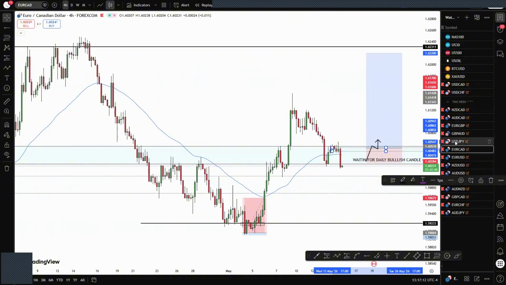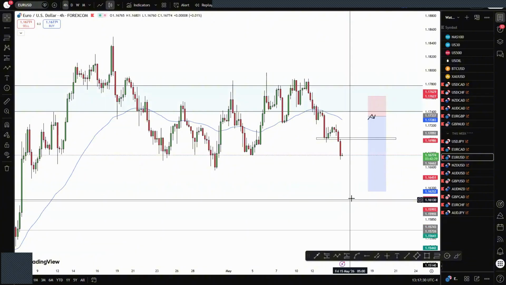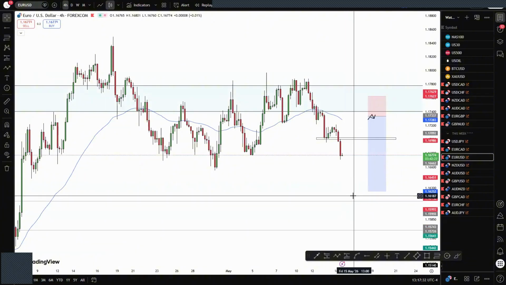So these two for now look promising, and respect to these, because I'm trading all of them. I picked them this week. So let's see EURUSD, what we have. Oh, this thing keeps on selling.